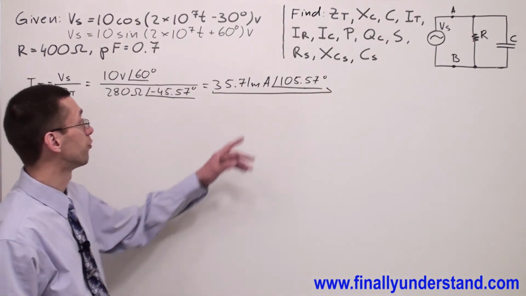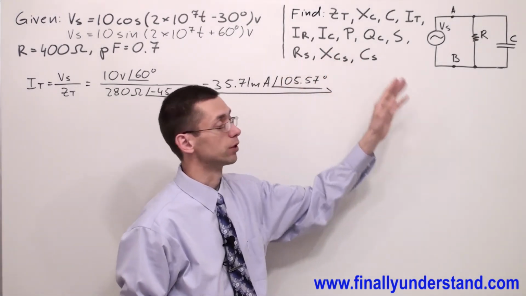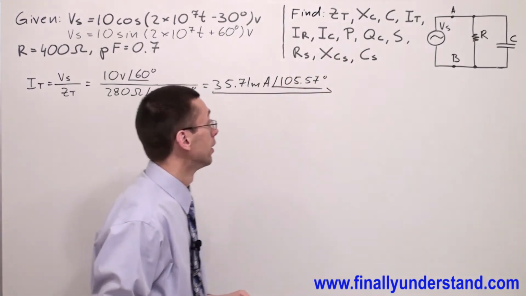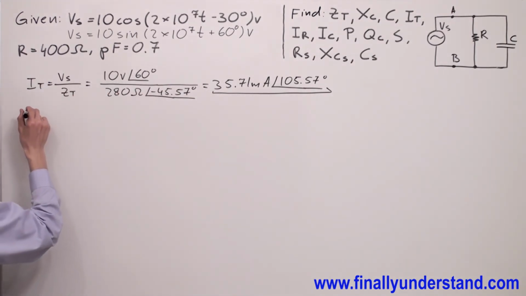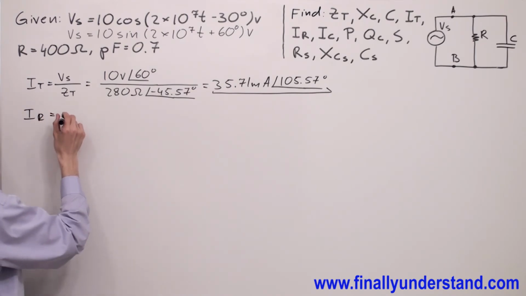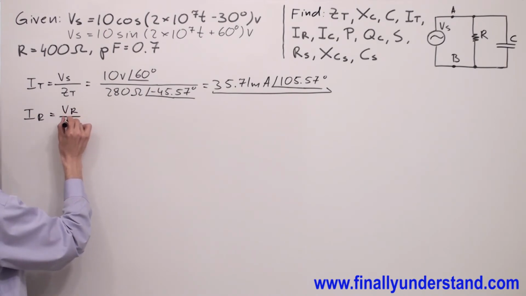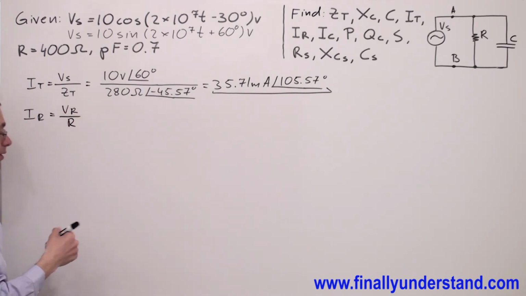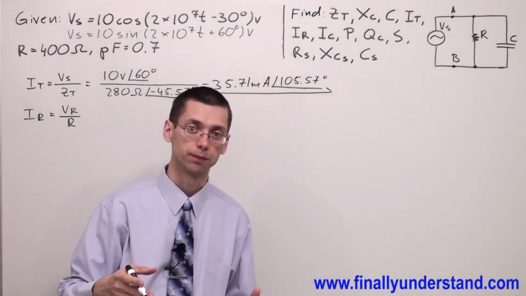Next, I'm supposed to find the current which goes through the resistor and current which goes through the capacitor. Again, I'm going to use Ohm's law. So I have IR is equal voltage across the resistor over resistance. But someone is going to say voltage across resistor is not given.